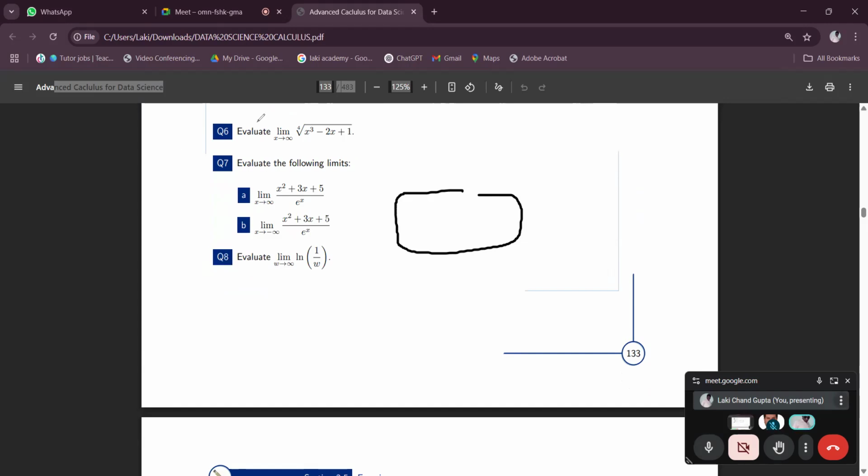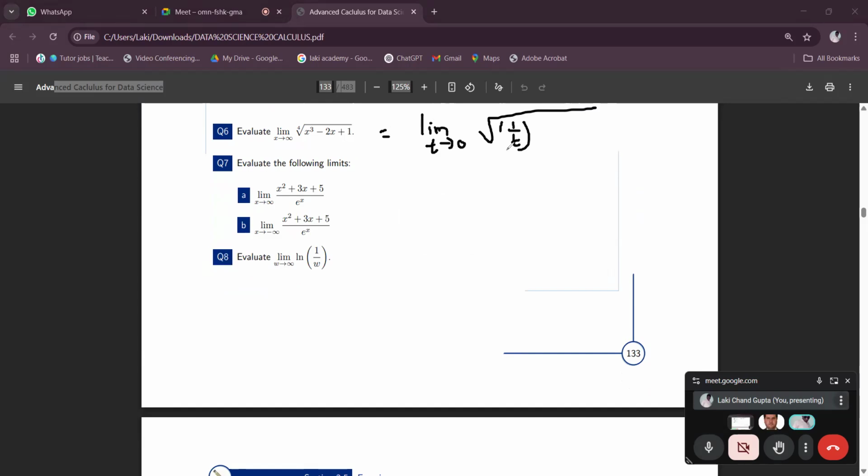See how to integrate this. Here the limit extends to infinity. I already told you, whenever x tends to infinity, put t equal to 0, and here 1 by t, right? That's right.